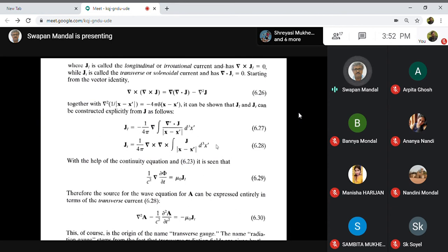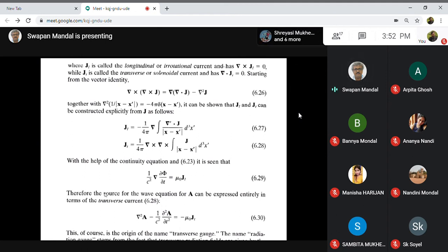But one thing is clear, that divergence of A equal to 0 is called the Coulomb gauge condition. Under the Coulomb gauge condition, I can decouple the differential equations involving the vector potential and scalar potential. The scalar potential gives you the instantaneous Coulomb potential solution, and to get the vector potential, you have to solve this equation.